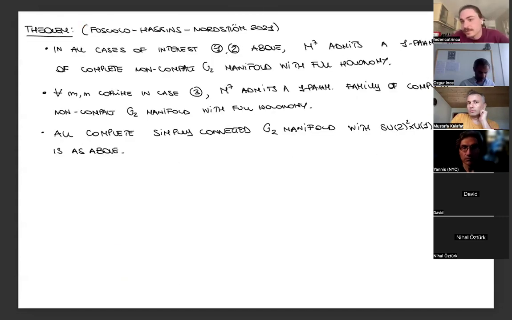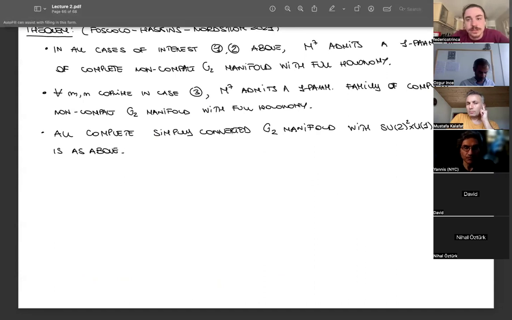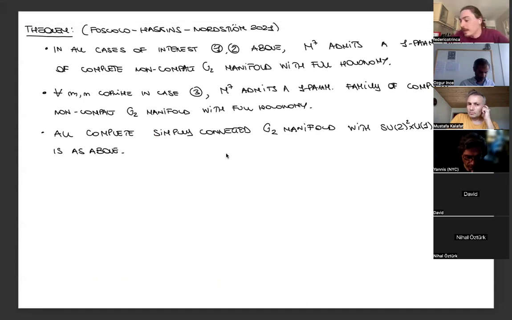So the theorem that Foscolo, Haskins, and Nordström proved is the following. In all cases of interest 1 and 2 above, M7 admits a one-parameter family of complete non-compact G2 manifolds with full holonomy, and the same holds for every m, n coprime in case 3.